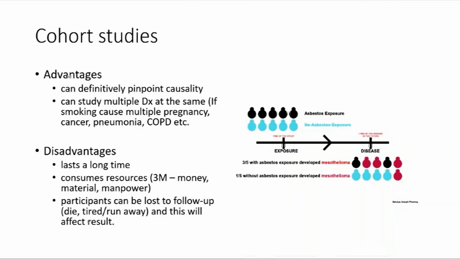Can it cause pneumonia? Can it cause cancer? Can it cause COPD? You have the luxury of all that. The disadvantage here is that the study takes a long time and it consumes a lot of resources. Participants may die or they may get tired and run away, and this will alter the result.